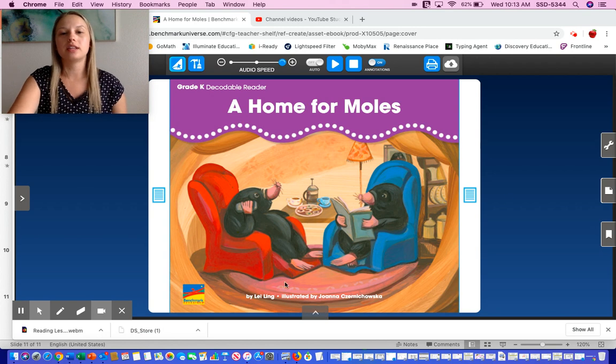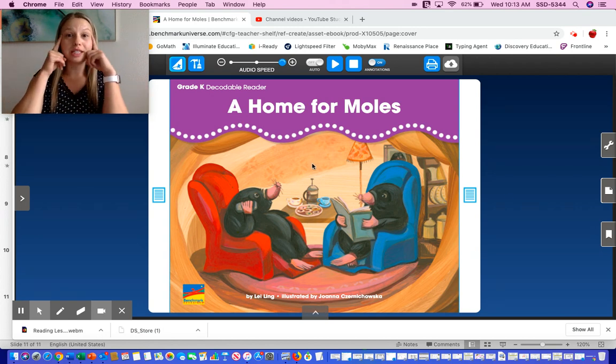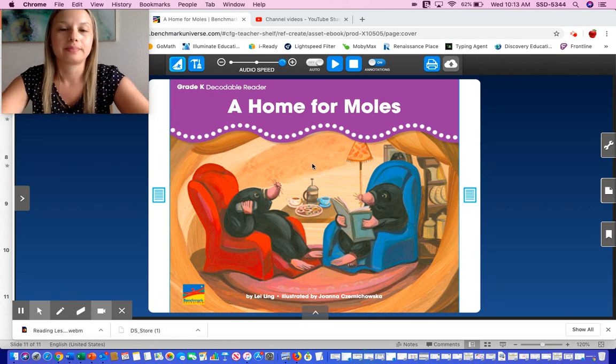Go ahead and take a look at that front cover. Tell me what you see on the illustration and what you predict the story is about. Did you know that these animals or rodents are called moles? Moles. Yeah, they kind of look like a rat without a tail.